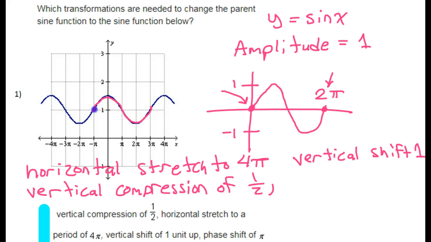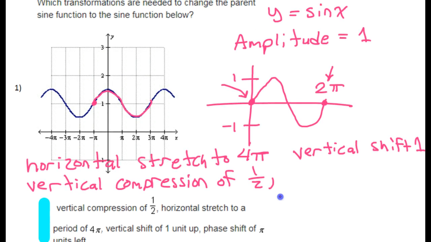So that would be a phase shift of -pi. It just depends on how you look at it. It could be a phase shift of -pi, or if we look at another portion of it, like the one that starts over here, then maybe it's a phase shift of 3 pi.